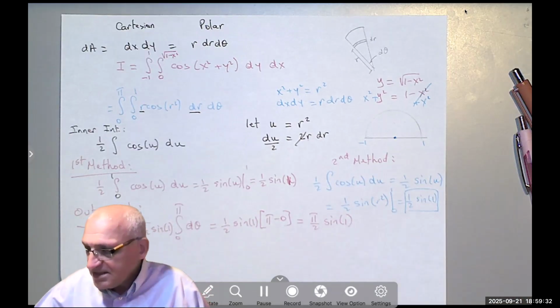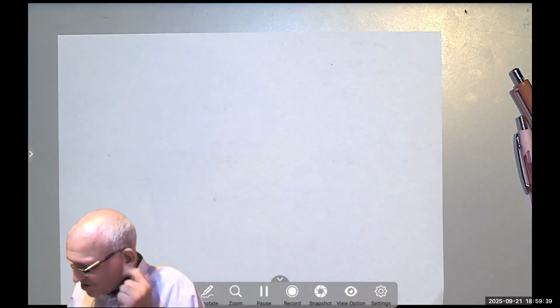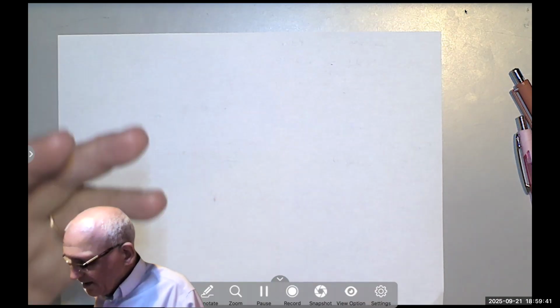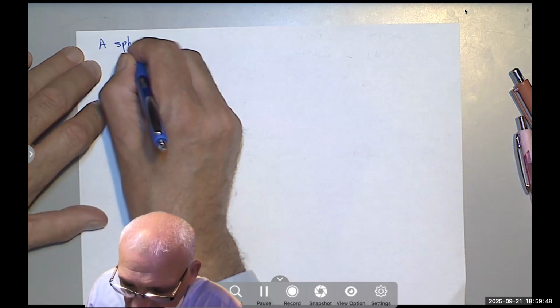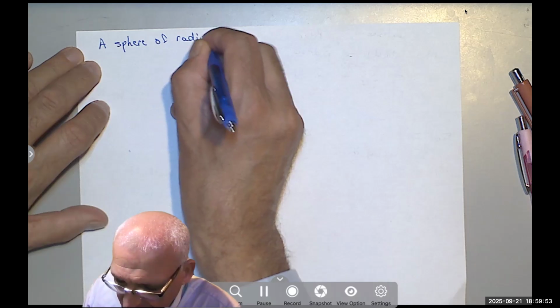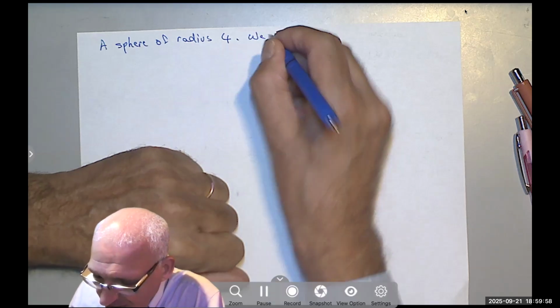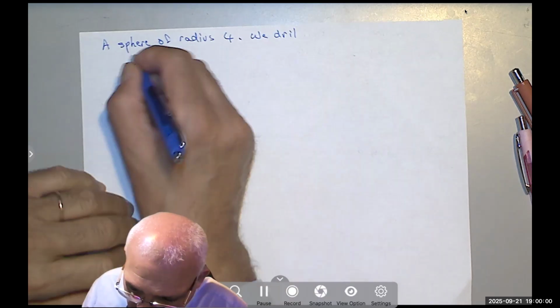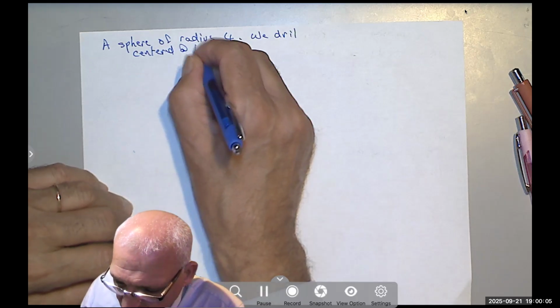The second example, we are not going to give you an equation or a Cartesian integral. Here we have a sphere of radius, let's make some numbers, radius 4, centered at the origin to make it easy.